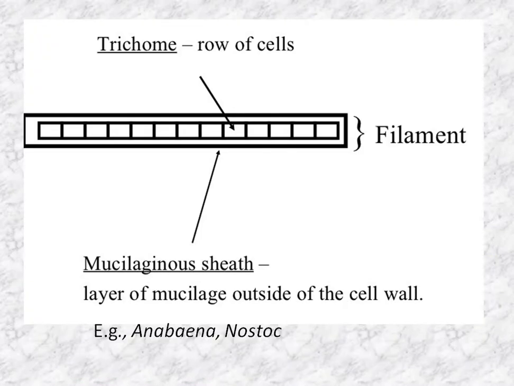And the filament in case of cyanobacteria is called a trichome. A trichome is a filament made up of cells, and it is covered by a mucilage or a jelly-like substance. So a filament which is covered by mucilage is called a trichome in cyanobacteria.